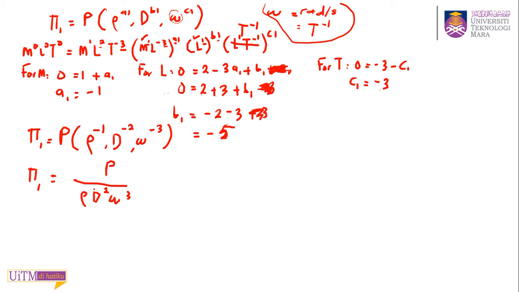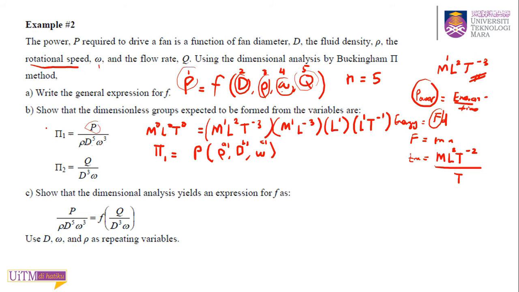Then we can prove that pi 1 will be equal to power over rho D to the power of 5 omega to the power of 3. So it's the same as this one. Right? Can you get that?